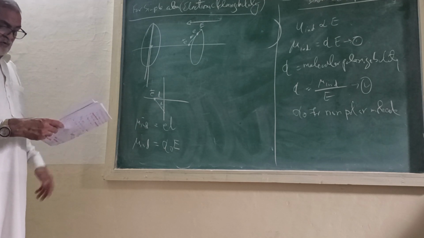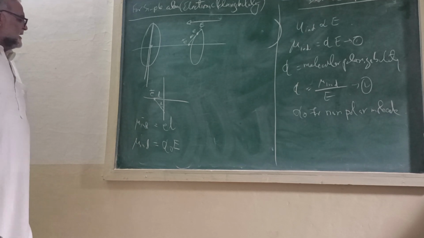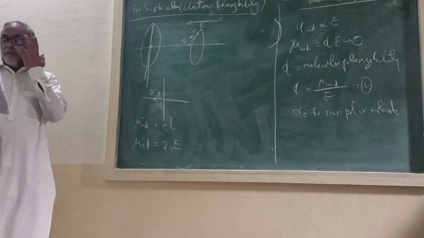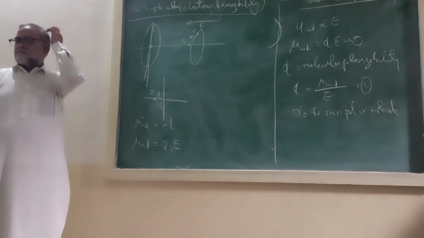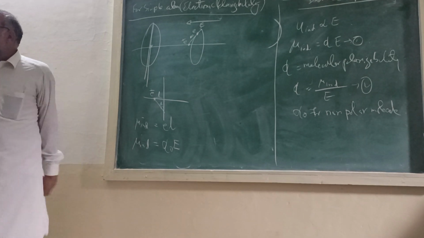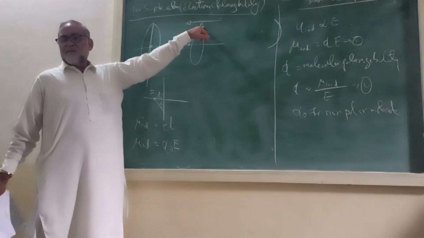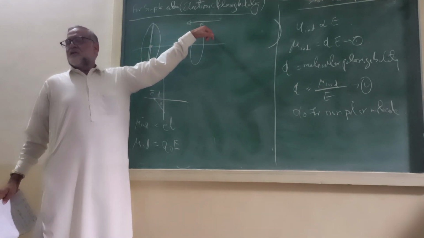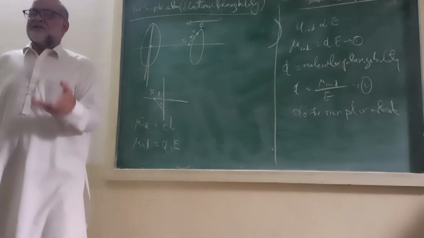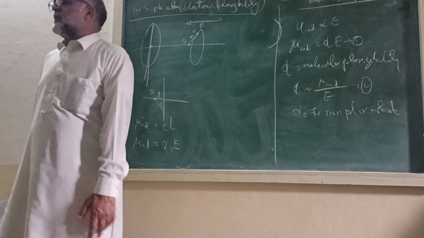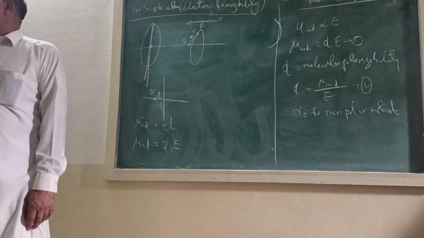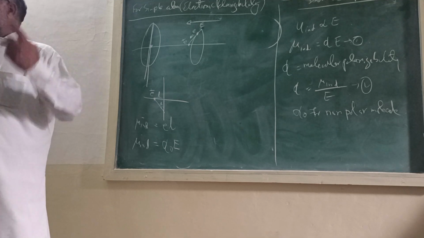Now here is an external force. External force is defined by a charge multiplied with this electric field. You have put an external electric field, and there is an external force on the electrons orbiting around the nucleus.